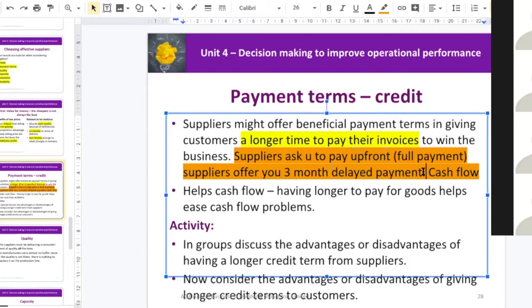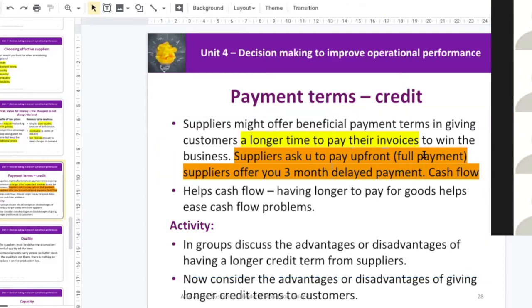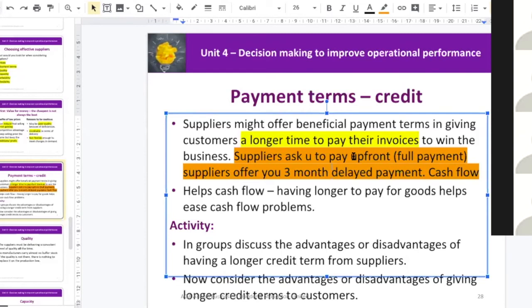Emma, which one do you prefer? Pay everything up front. Why? Because it's better and you get the cash. And then what if the person doesn't have the money after to pay it? Okay, the problem with this one is most companies don't keep the cash in the company. They do not have the cash flow.